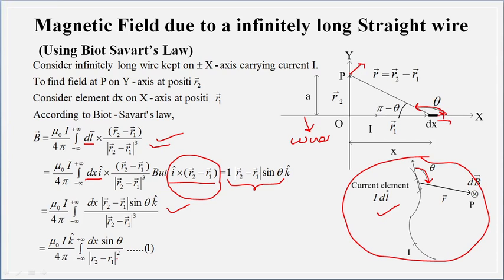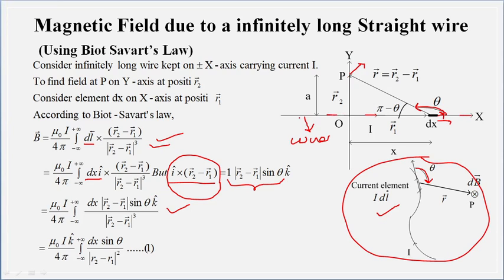Now in this case, dx is a variable, so one variable is x. Then theta. See, now here the element is in this position. If we take the element here, the angle will increase from here to here. If we take the element here, the angle will decrease.